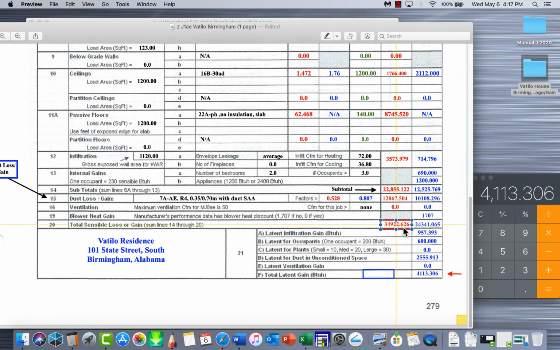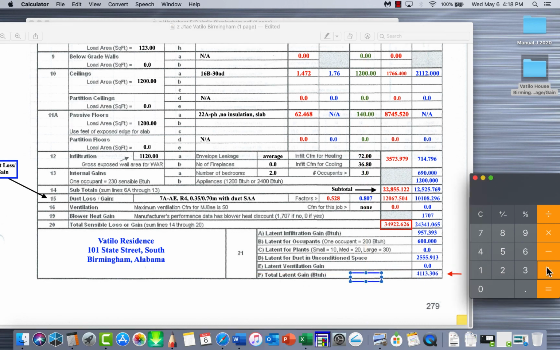Like I said, this number right here is your final heating. This is your final cooling sensible and final latent. And basically you're going to add this one to this one, and we'll go ahead and add that, 24,341.065.